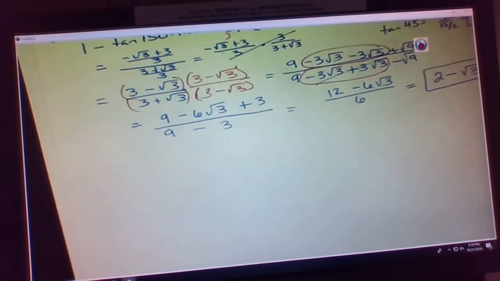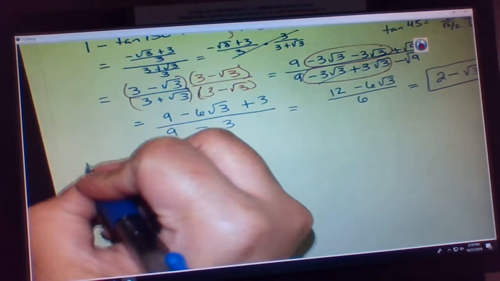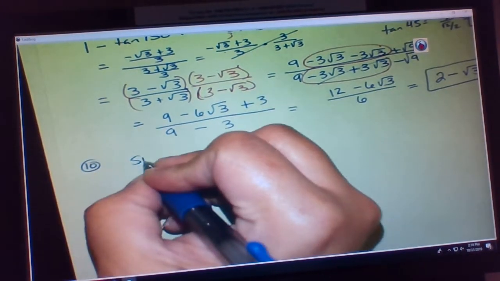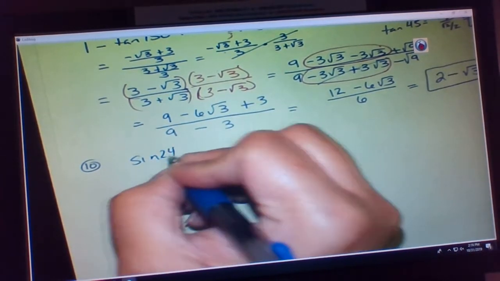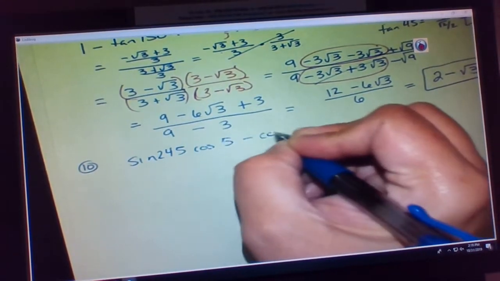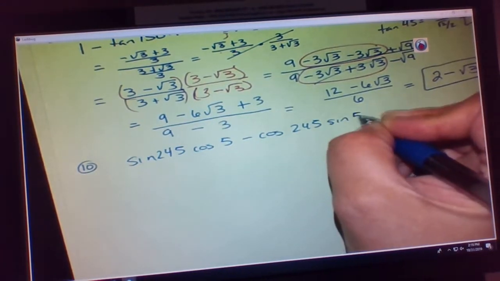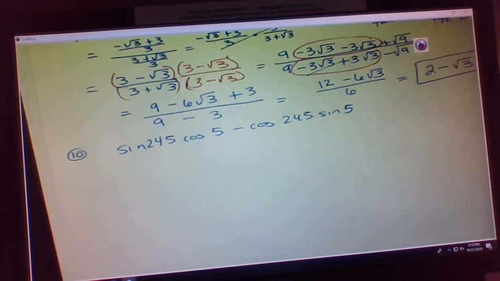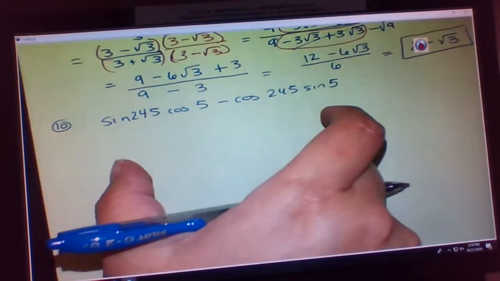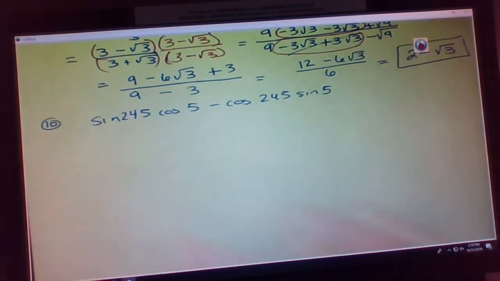All right. Number 10. Sine of 245 cosine of 5 minus cosine of 245 sine of 5. So in this one, they are already using the difference or the sum, but you're trying to figure out which one it is. So it's sine cosine minus.